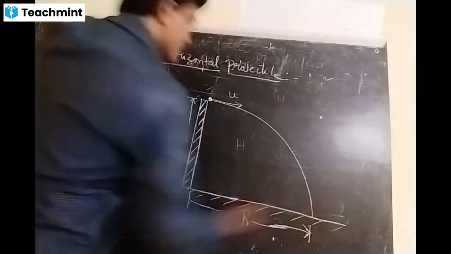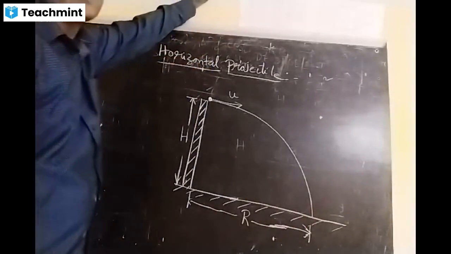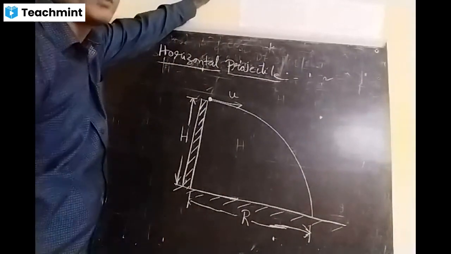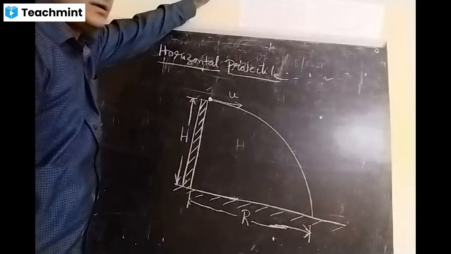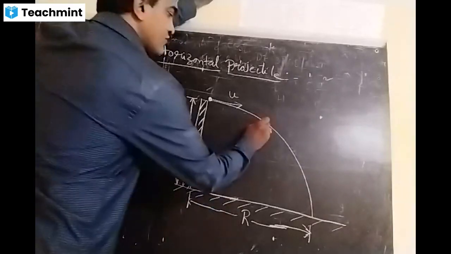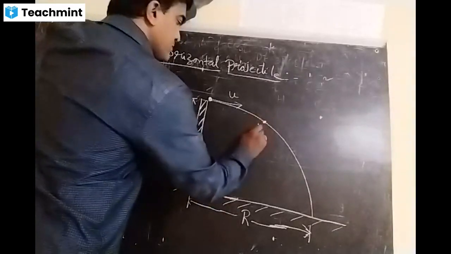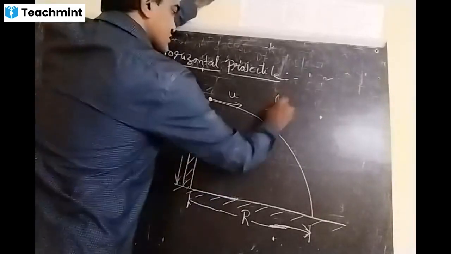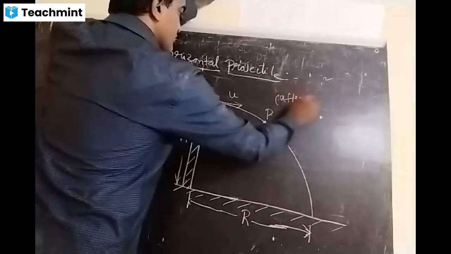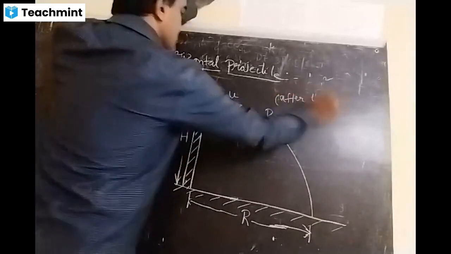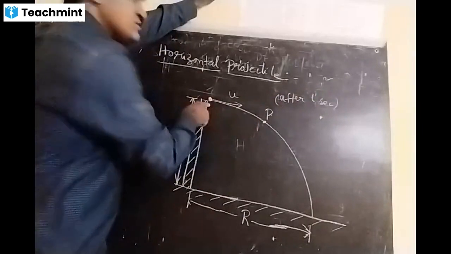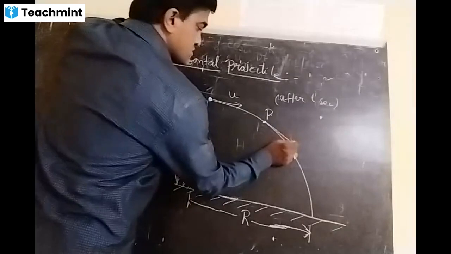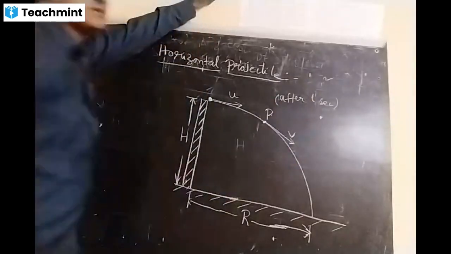Range of projectile. In the previous case of the oblique projectile, after t seconds we assumed the particle at point P. So after t seconds, let me consider a point P. After t seconds, the particle reaches point P from the top of the tower, where the direction of velocity is tangential.